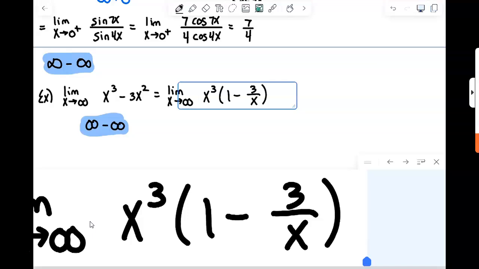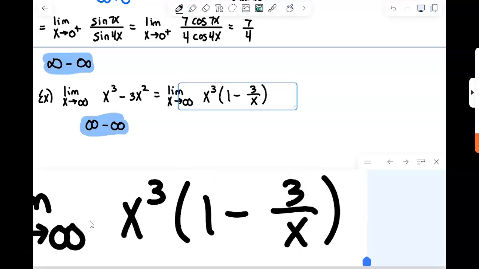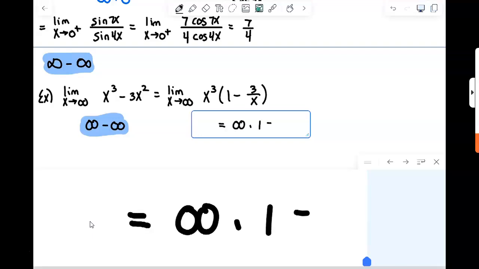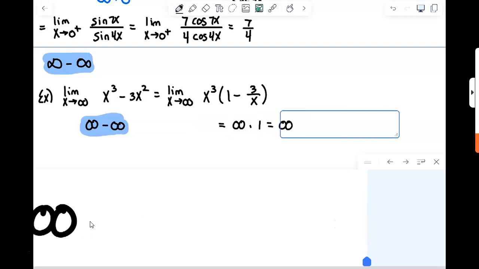Now at this point, this is still an infinity times 1 minus 0. So we're able to actually just work it out. This is just going to be infinity times 1, which is just going to be infinity.